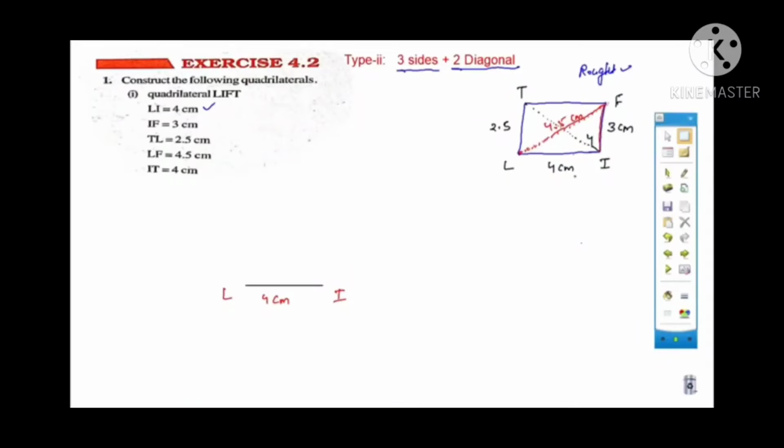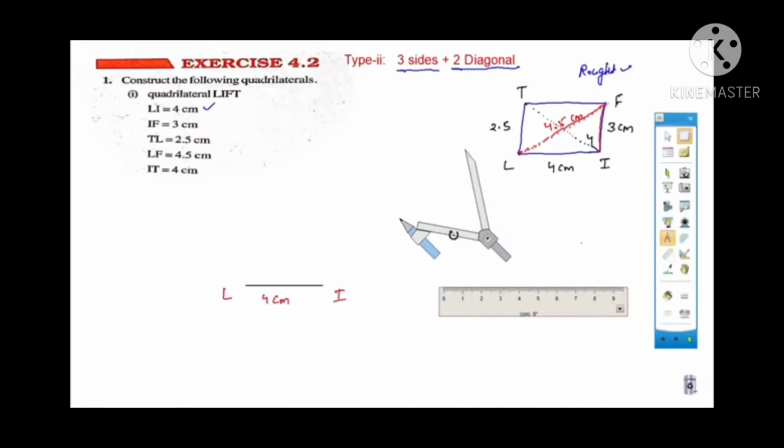What they have given: LF is equal to 4.5 cm. Take a ruler and compass and measure 4.5 cm with your compass. Observe carefully, the tip should be at 0 and you should measure up to 4.5 cm.